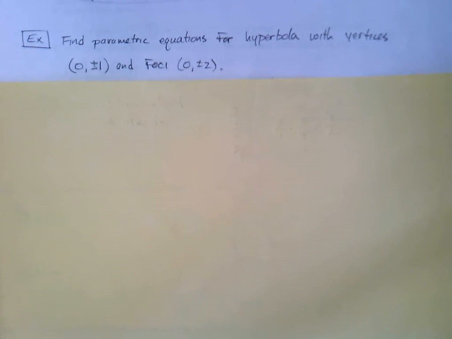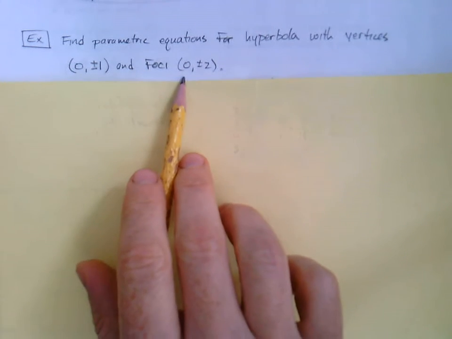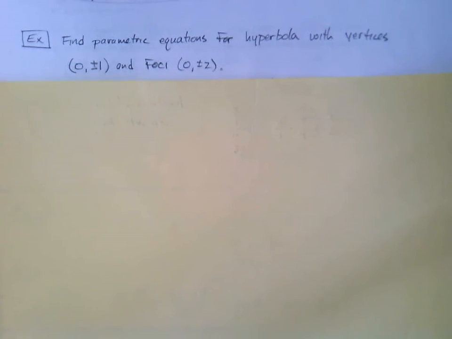This is like the opposite problem. We're given some information about the hyperbola, enough information so that we could get the Cartesian equation, and then we're going to work backwards and find the parametric equations.